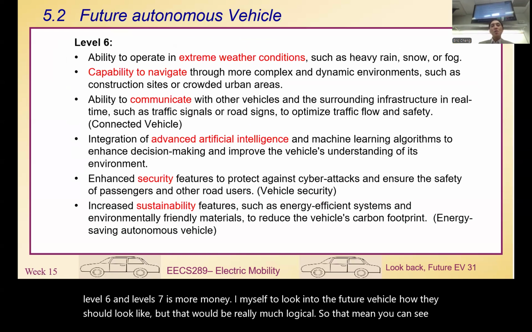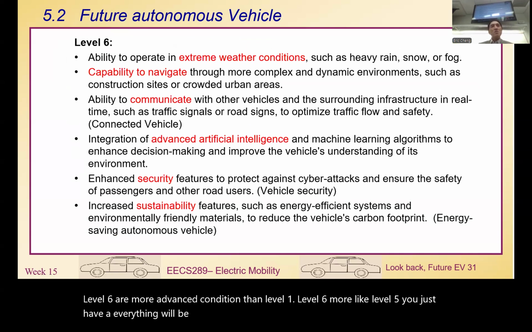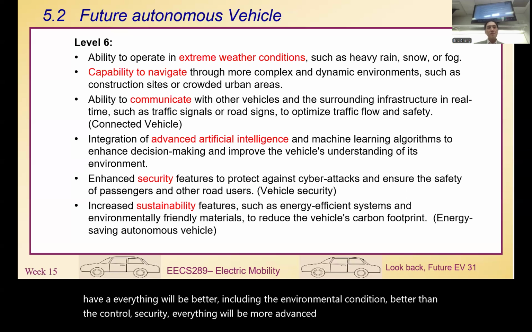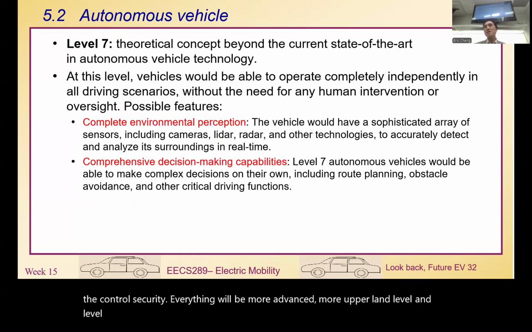Level 6 is a more advanced condition than level 5. Everything will be better, including the environmental conditions, control, and security, more upper level. And level 7 will be more intelligent, more like a human vehicle.